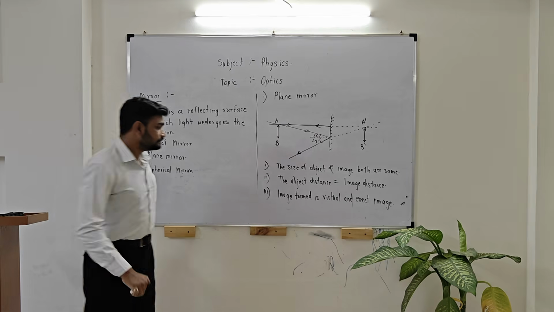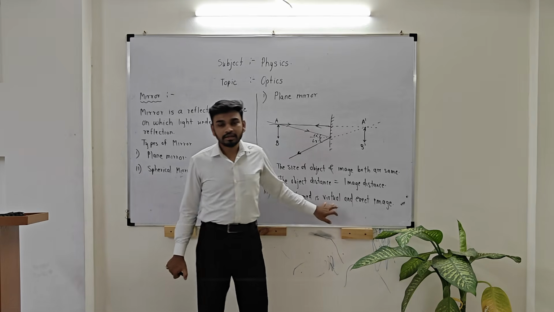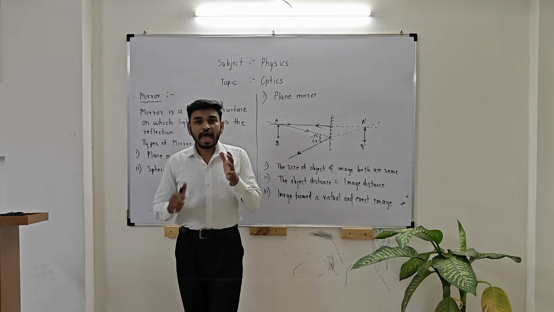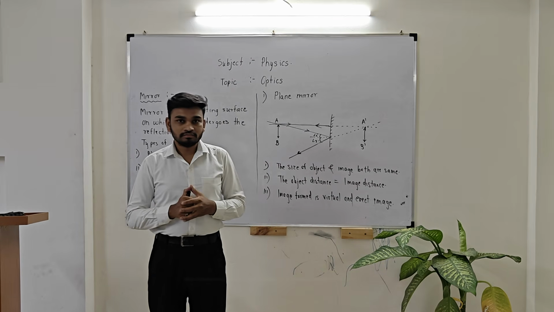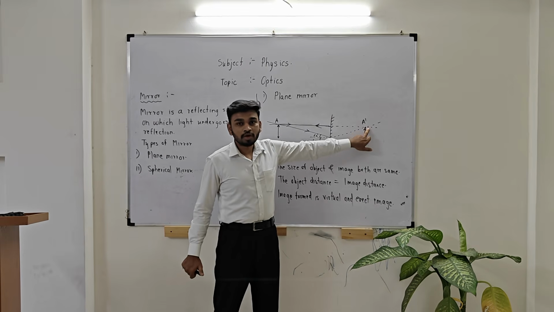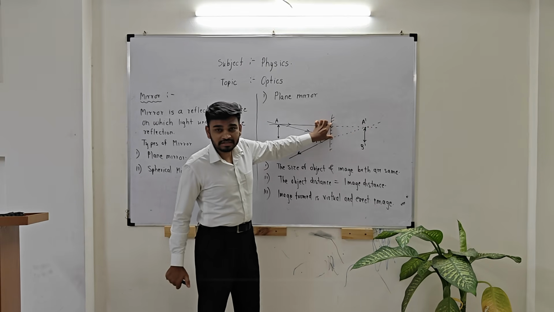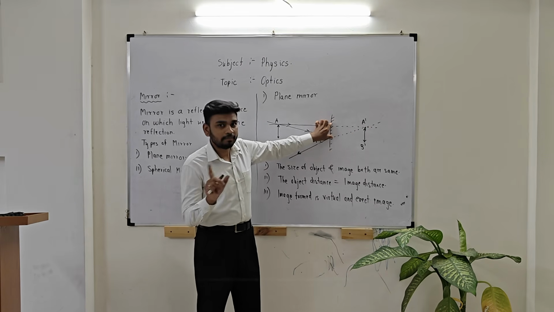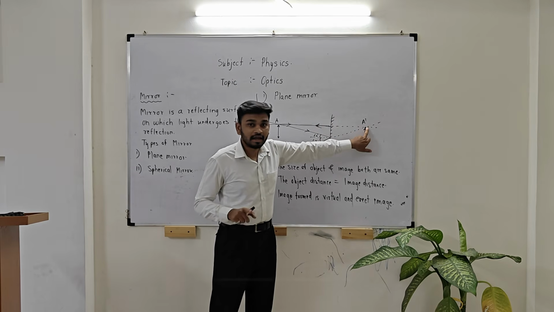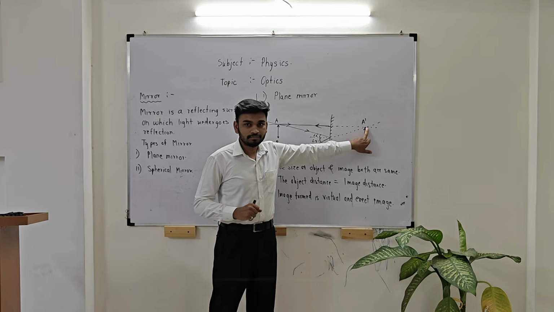I will explain it. A virtual image is that image which is not formed by the actual meeting of the rays of light. As we already explained here, the image is formed because of the apparent part of these reflected rays of light, not the real part. The apparent part of the rays is meeting here, and after that the image is formed.